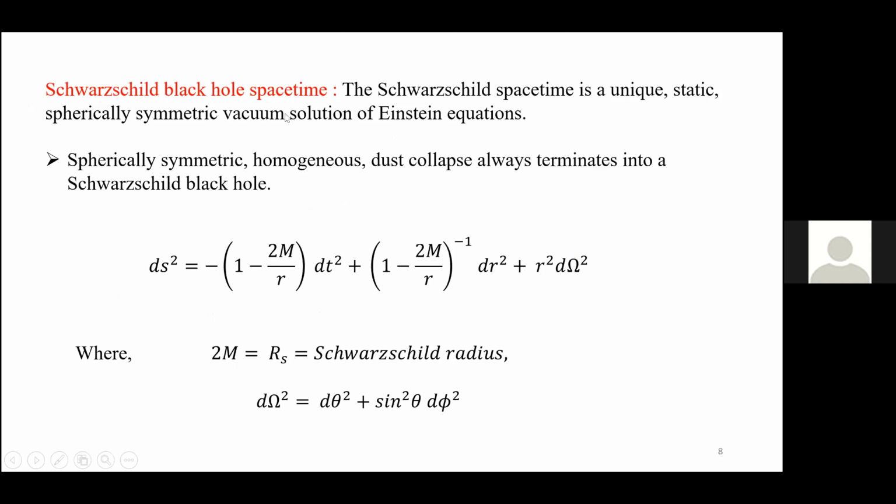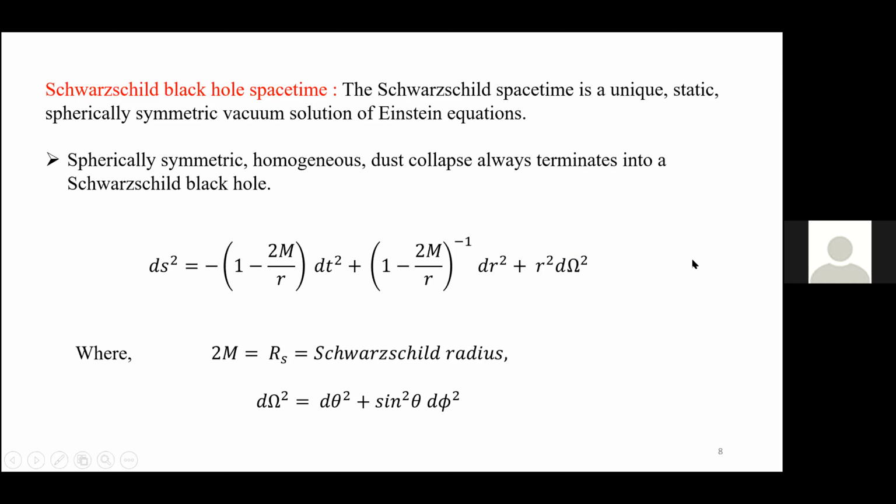It is a well-known solution of the Einstein equation for a spherical, symmetric, and homogeneous dust collapse, and it always terminates in the Schwarzschild black hole, and the metric of the Schwarzschild black hole is described by this equation, where 2m is the Schwarzschild radius and d omega squared is the metric of the two-sphere.